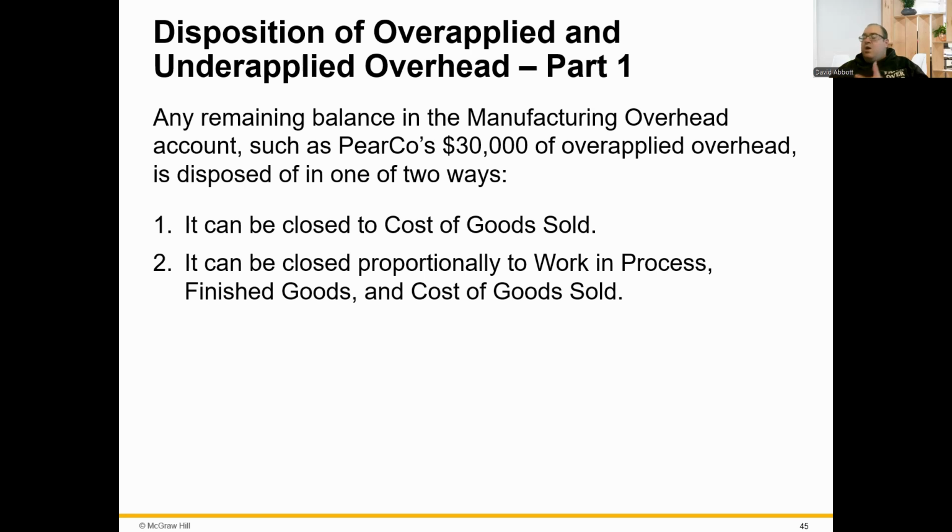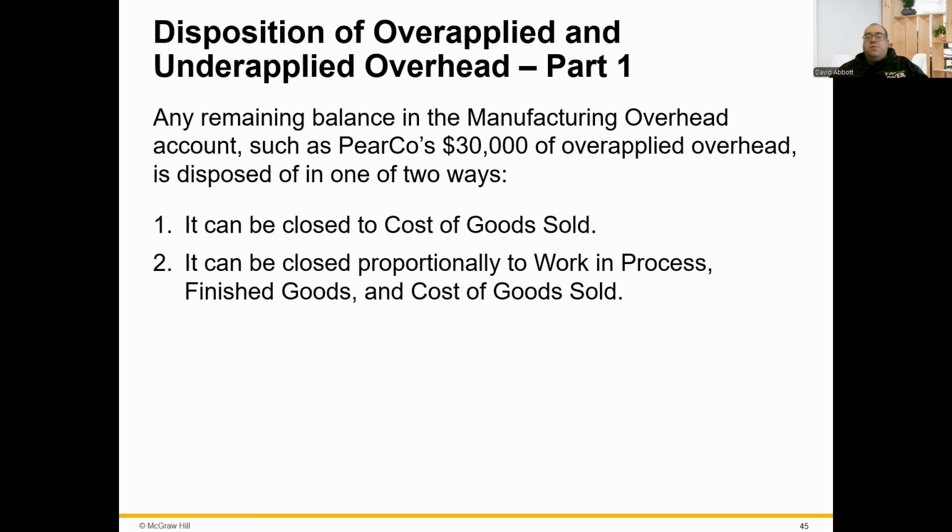Knowing that, then what do we do with that? Knowing that if there either was an underapplied or an overapplied balance for overhead, what do we do with that? So the disposition of underapplied or overapplied overhead balances. Any remaining balance in the manufacturing overhead account, such as Paraco's 30,000 in overapplied overhead, is disposed of in one of two ways.